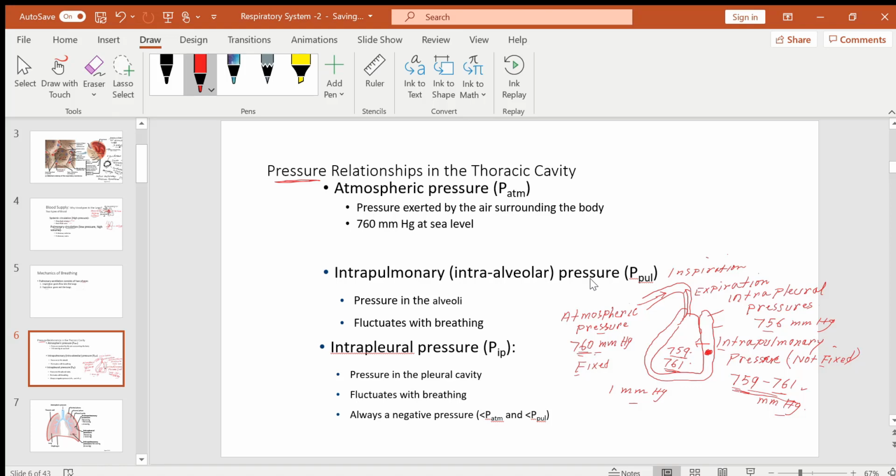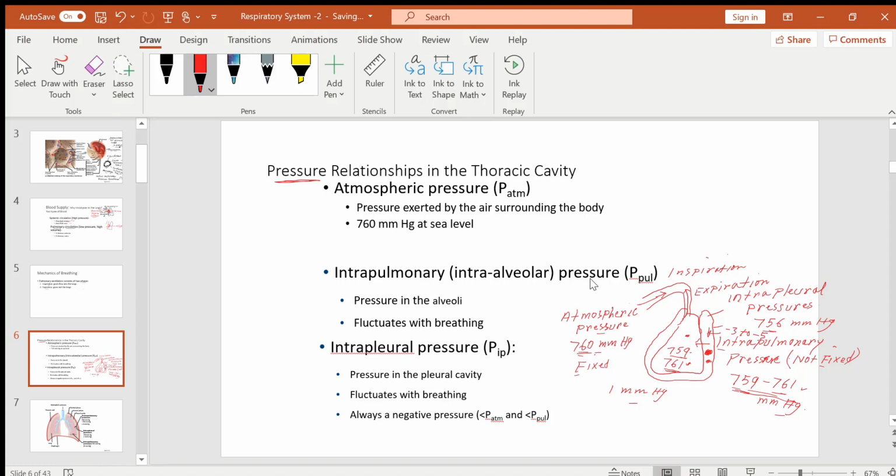And when inside the lung is 761, here how much less? 5 millimeter of mercury. So intrapleural pressure is always less than intrapulmonary pressure. How much? 3 to 5 millimeter less. That is minus 3 to minus 5, right?